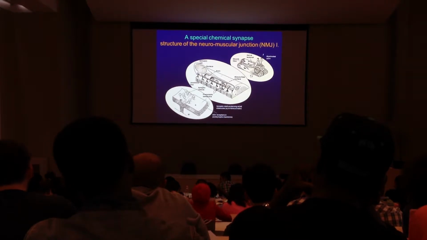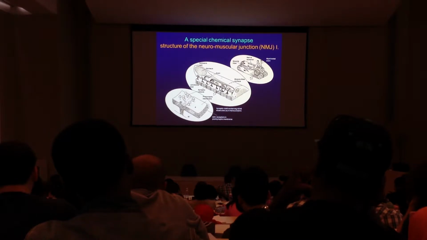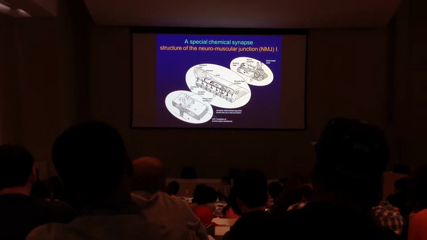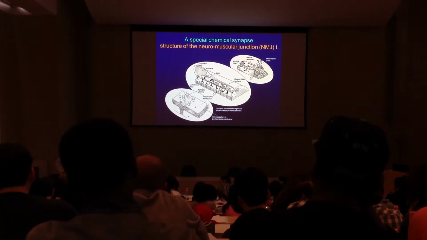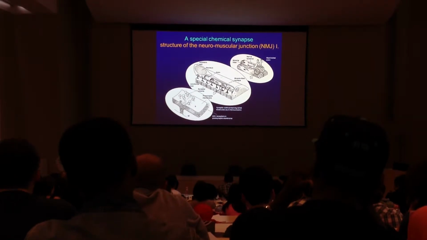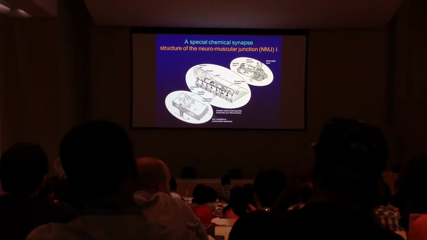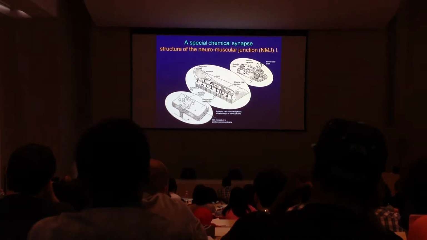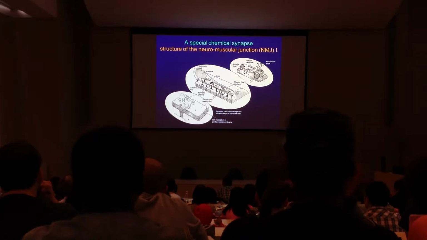You can see the myelinated axon coming here, branching, losing its myelin sheath, attaching to the skeletal muscle fiber. This is the muscle here. This little portion is enlarged here, where you can see the membrane of the axon with the vesicles containing a molecule called acetylcholine. Have you heard the molecule acetylcholine before?